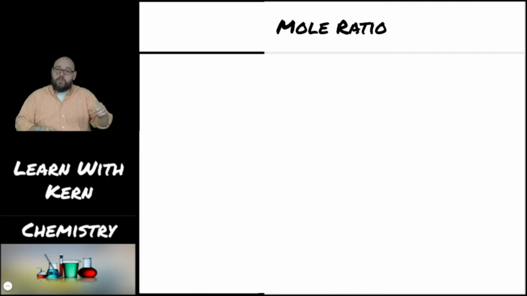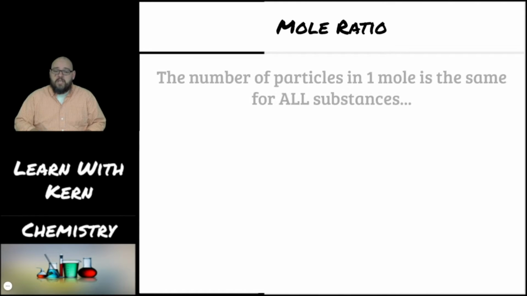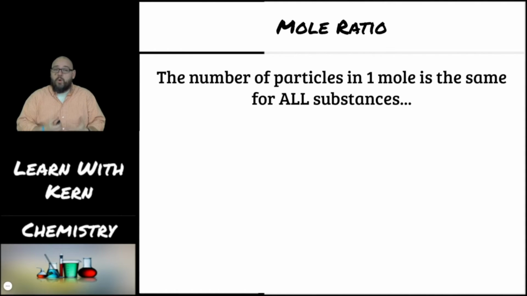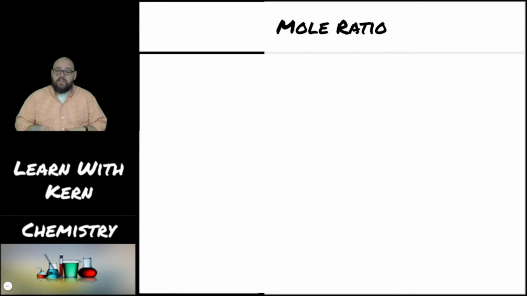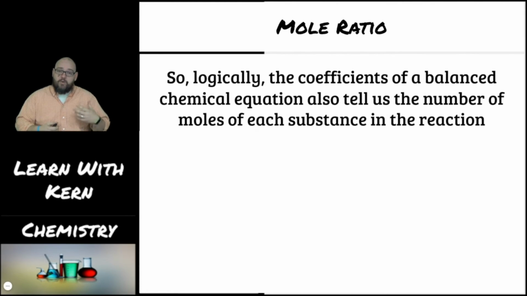But as we just learned when we're talking about moles, the number of particles in 1 mole is the same for all substances. So logically, that would tell us that if I have 1 mole of this compound and 1 mole of this compound, I have equal numbers. So if the coefficients tell us the numbers of atoms, and I multiply them all by Avogadro's number, then I would have 1 mole of all of those.